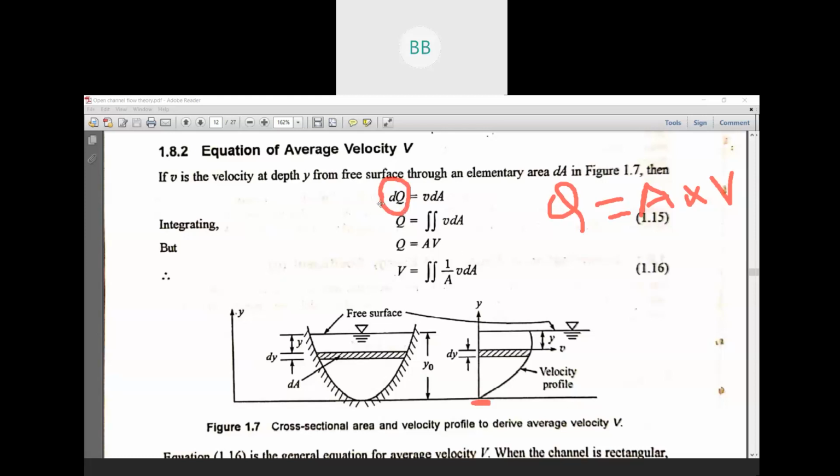Here also we calculate the discharge for the whole cross sectional area by taking the summation of v dA, where i goes from 1 to n. The number of divisions n depends on you, but the maximum limit will be y naught. Consider this equation 1.